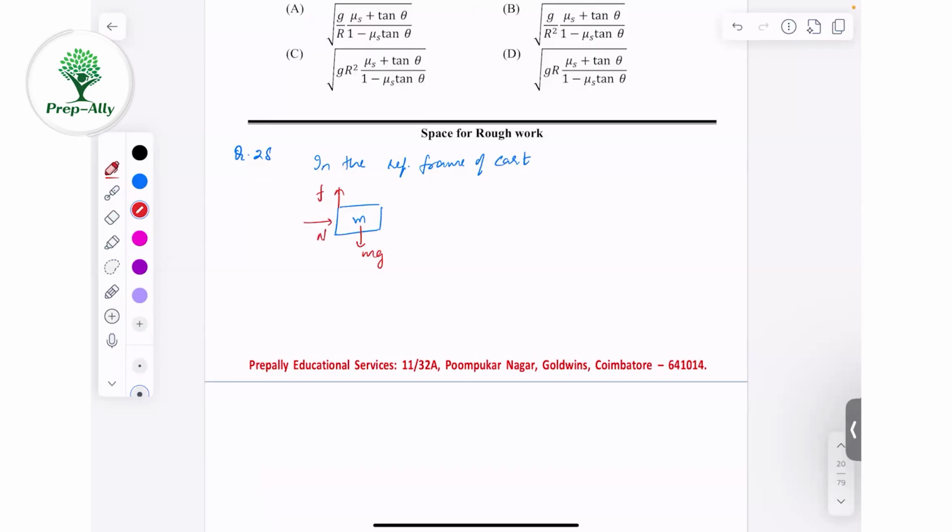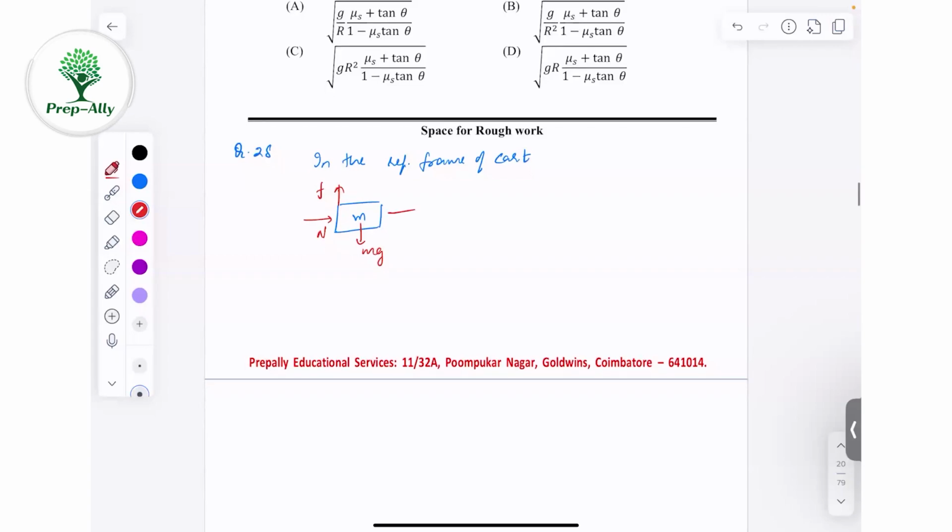But then since the cart is accelerating to the right, it will experience a pseudo force like this of m alpha. This is a pseudo force. Here, since it is in equilibrium horizontally, because in the frame of the cart it's at rest, we can equate normal reaction to pseudo force.